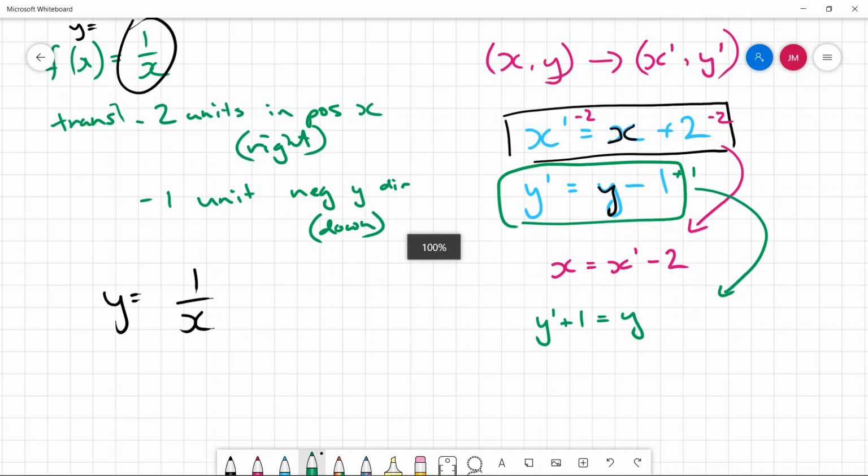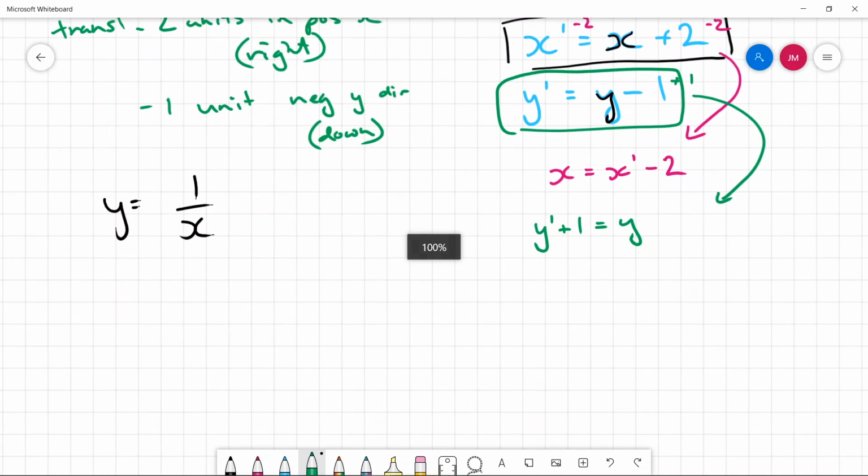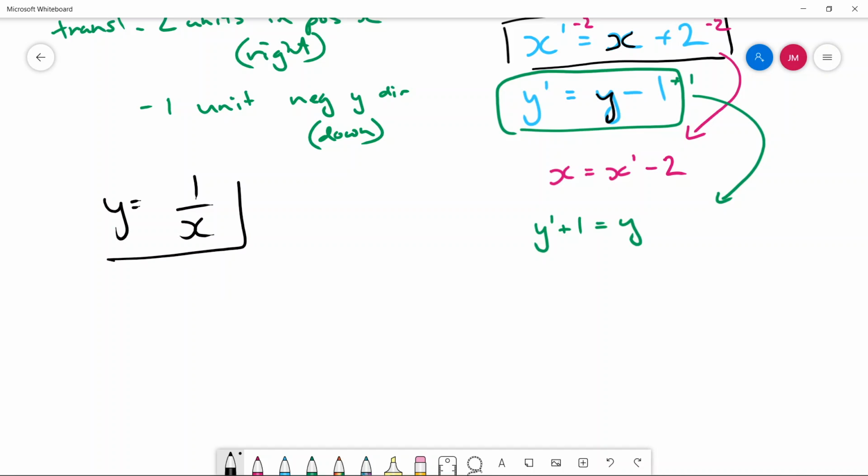Now when it comes to subbing these into our original equation over here, 1 on x, if I sub in x dash minus 2 wherever I say x, I end up getting x dash minus 2 down the bottom here. I've still got that 1 from the original equation.